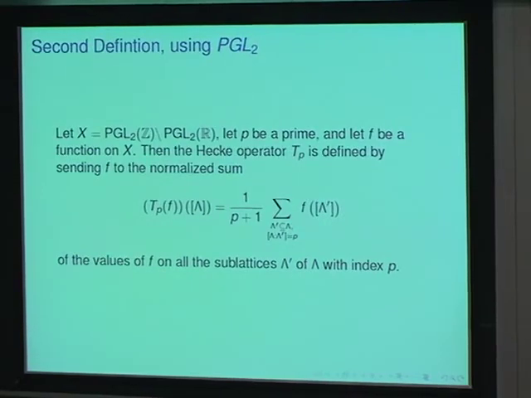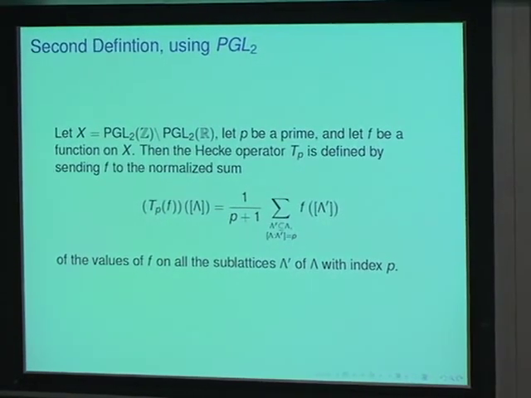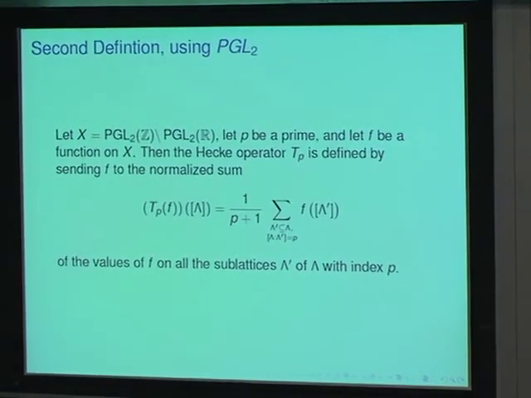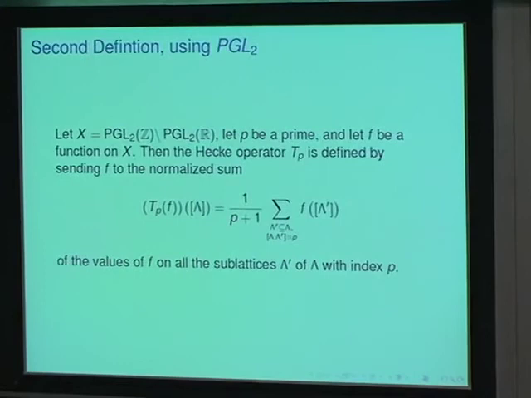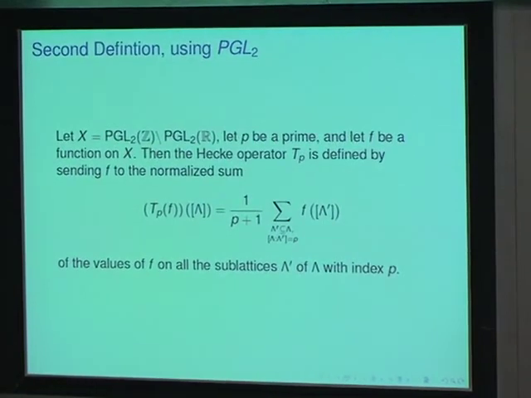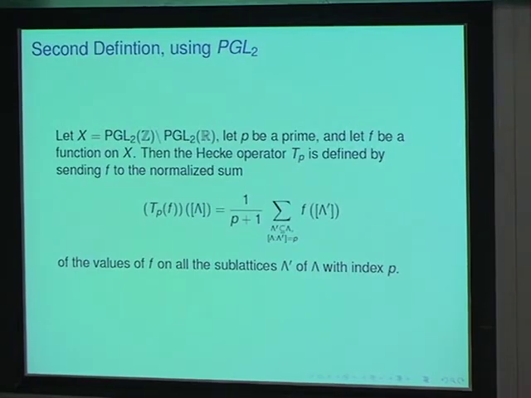The second definition uses PGL2R instead of SL2R. What's PGL2R? You take the general linear group, not caring about the determinant, and then you consider two matrices equivalent if they differ by a scalar. That's PGL2R. What's PGL2Z?